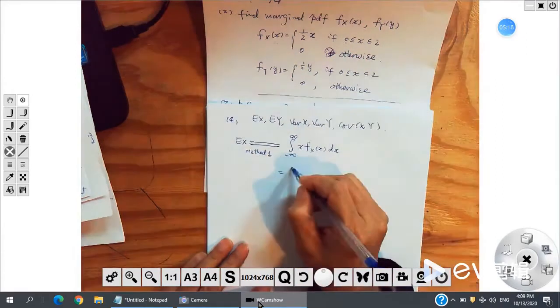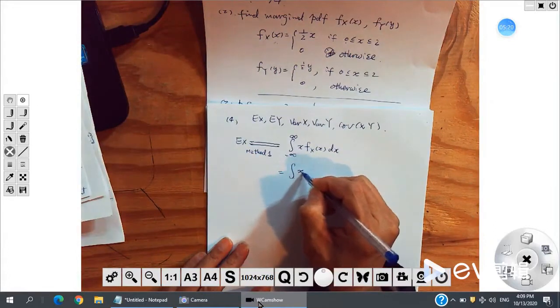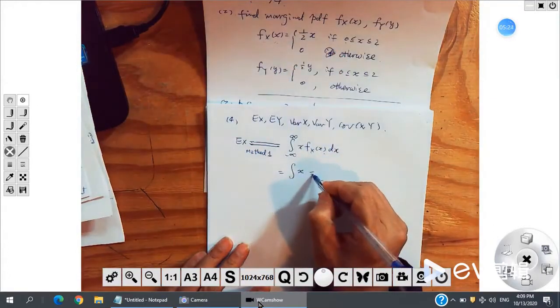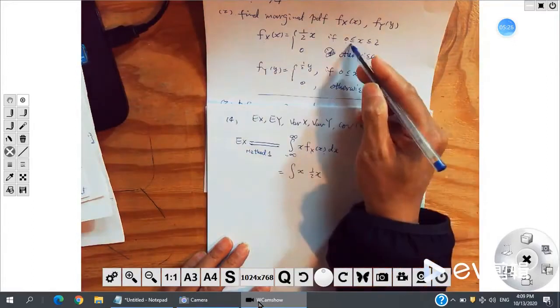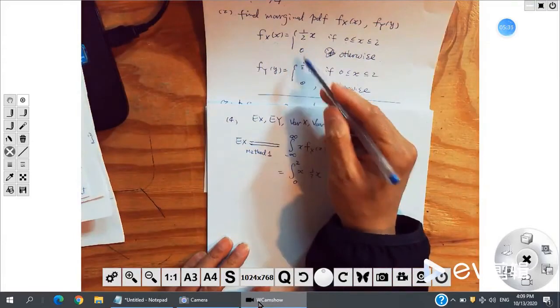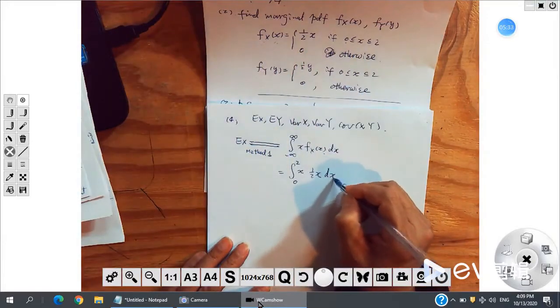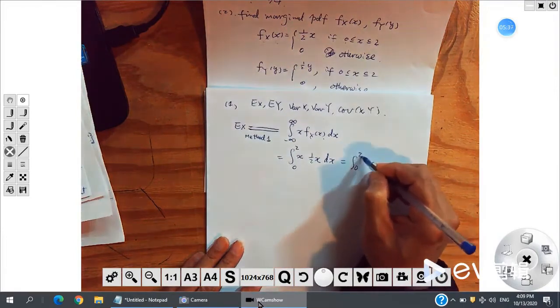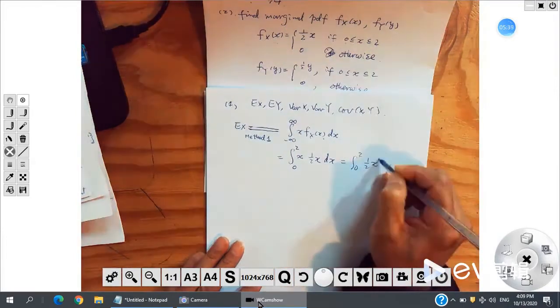Now f_X is here. It's half of x when x runs from 0 to 2, otherwise it will be 0. So this gives us the integral from 0 to 2 of 1/2 x squared dx.